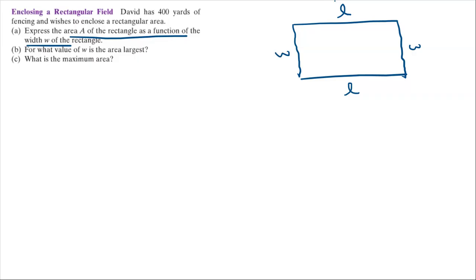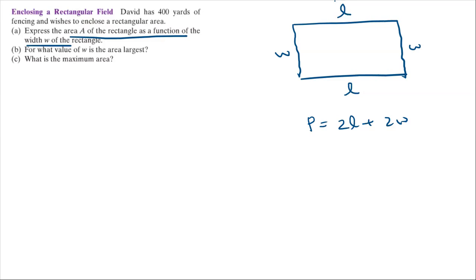The perimeter is just around the shape, so you add up all the sides: the perimeter is equal to 2L plus 2W. That's what perimeter means. We're just adding the outside lengths.